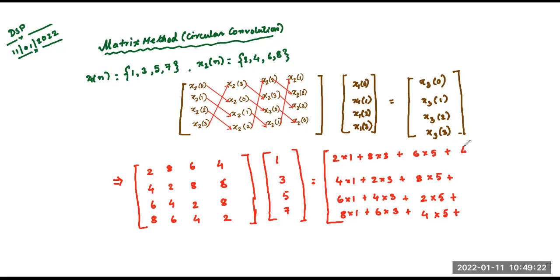Plus is 4, 6, 8, 2. So this will be multiplied by 7. This will be multiplied by 7. This will be multiplied by 7. And this will be 7.